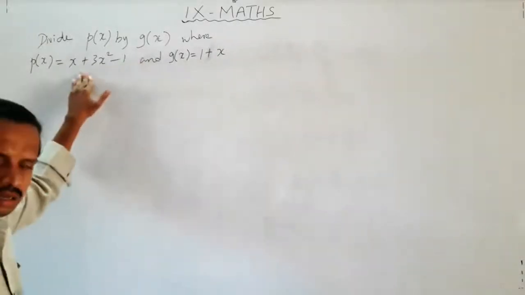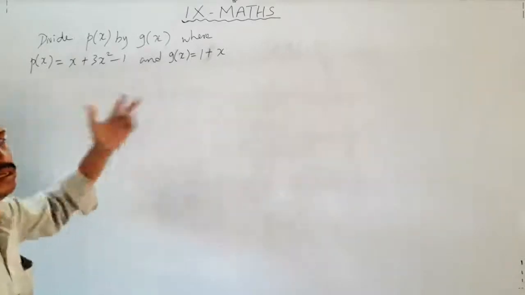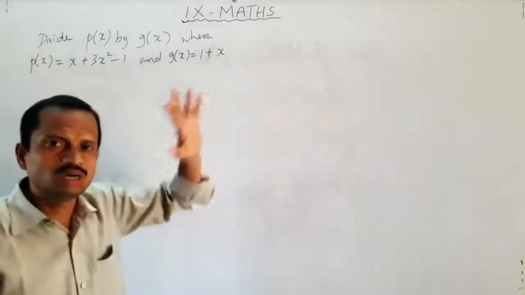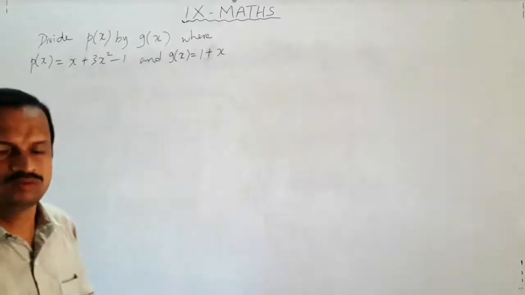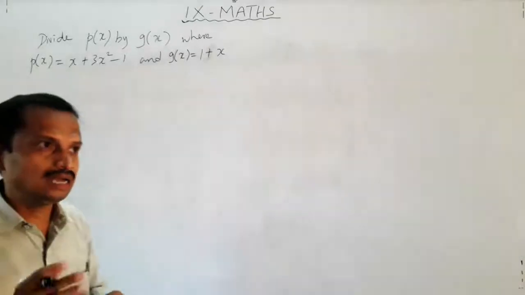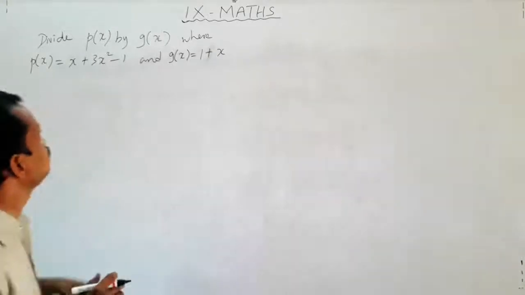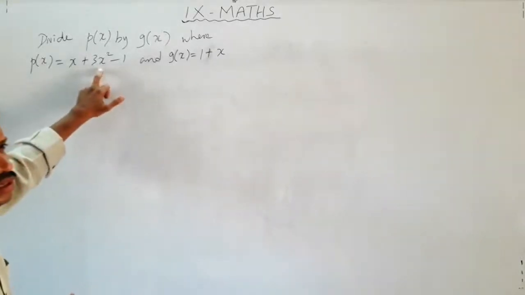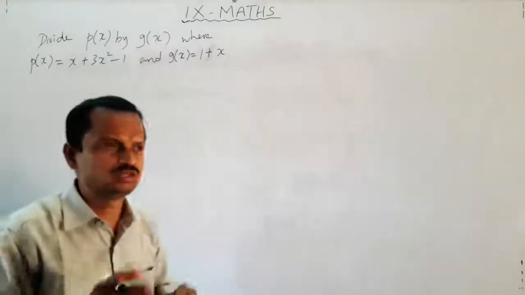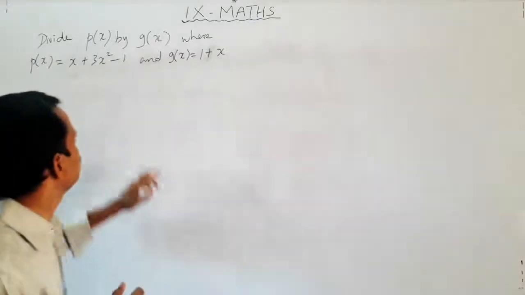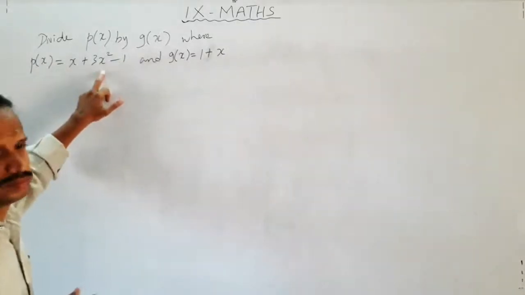You see how many terms? 1, 2, 3. A 3-term polynomial, and here only a 2-term polynomial. Which is greater? You have to see the degree. By seeing the degree only, we can compare which is greater and which is smaller. Here 3x square.